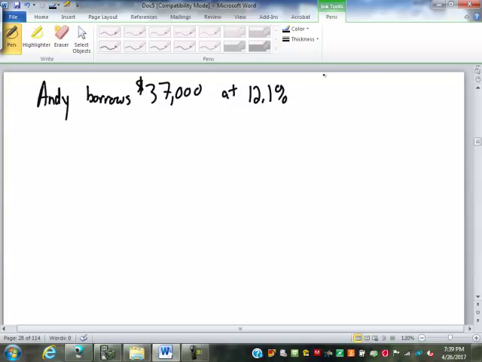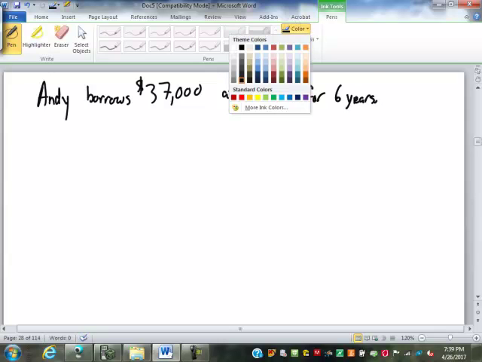We're going to go 12.1%. Actually, you know what? Let's be a little more. Let's do 9.1%. Like I said, the worst I've ever seen on an auto loan, I think, was like 18.9%. You're talking credit card type interest there. For 6 years.